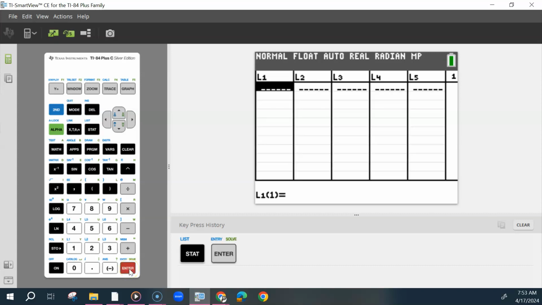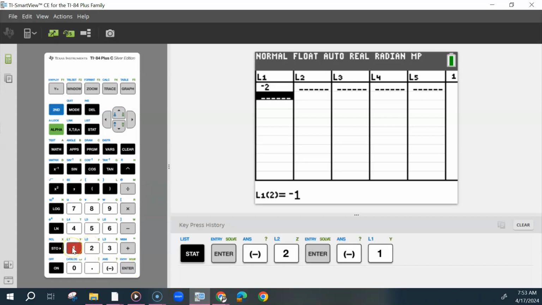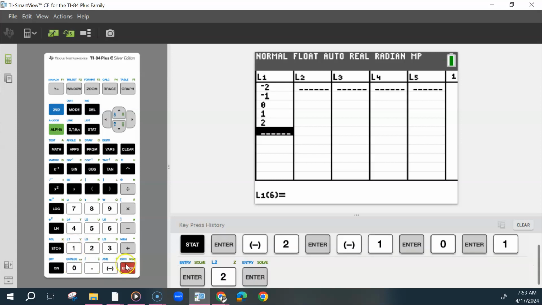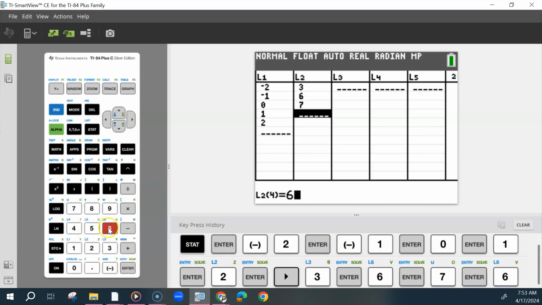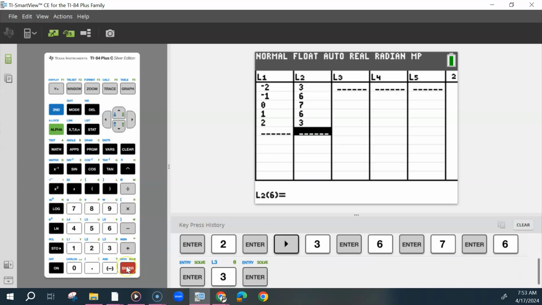In L1 put your x's, and in L2 put your y's. And then I'm following the rest of these steps.